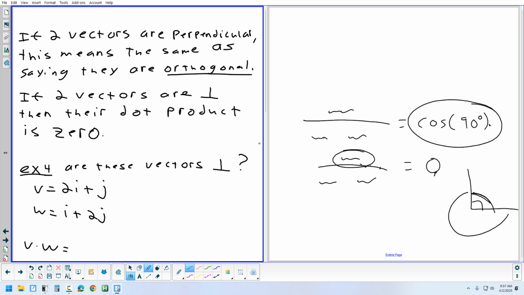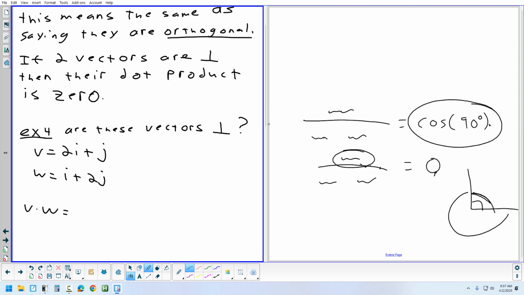All right, so let's look at this one. And the question is just, are these vectors perpendicular? It doesn't say if they're not, find the angle. It just says, are they perpendicular? So that's a pretty quick problem. What's going to be the dot product between V and W in this case?